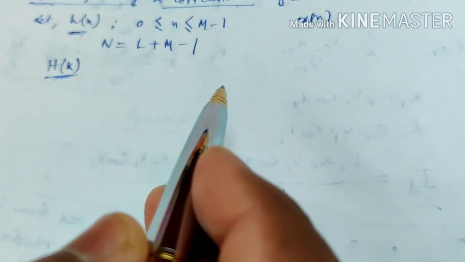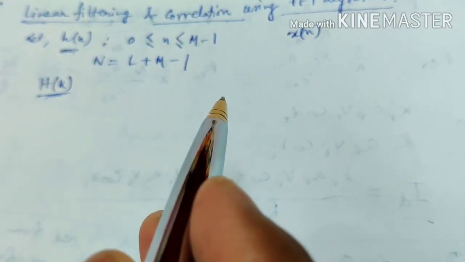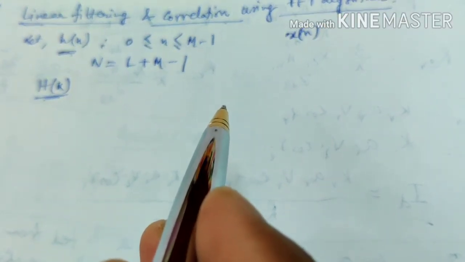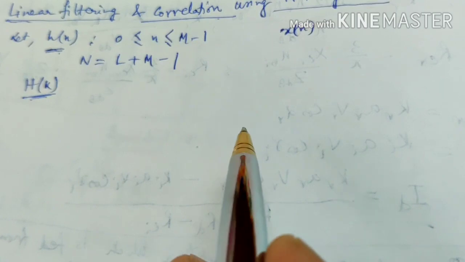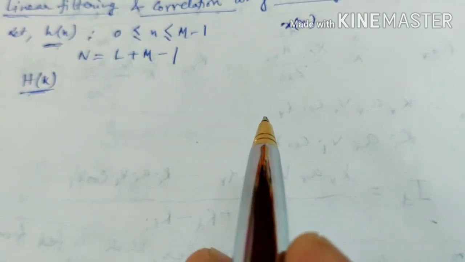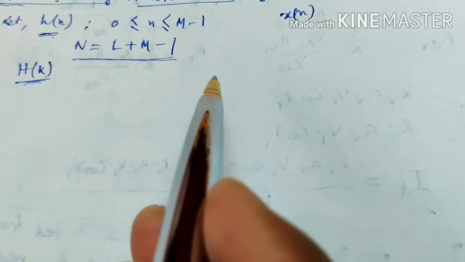In the overlap-save method, the first M minus 1 points of a data block are the last M minus 1 data points of the previous data block. Each data block contains L new data points, where N equals L plus M minus 1.